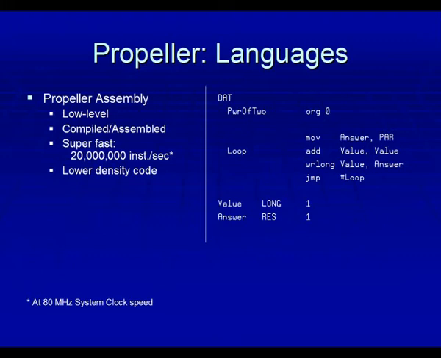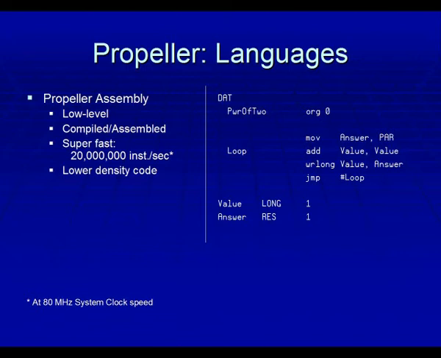Propeller assembly, on the other hand, is a low-level language. It's compiled, or actually assembled. And it is super fast, like 20 million instructions per second if you're running at 80 megahertz clock speed. And that's just in a single cog. With all the cogs running, that's 160 MIPS in a 3.3 volt 9 by 9 millimeter package, which is pretty incredible.